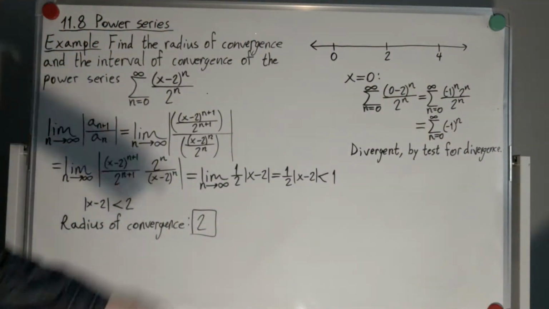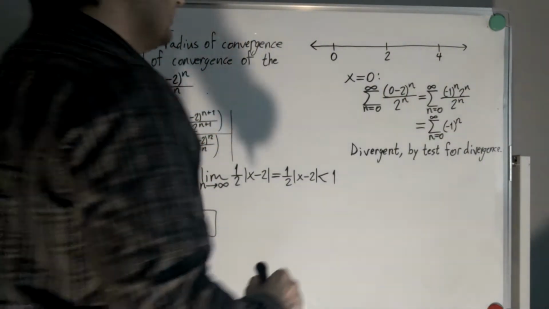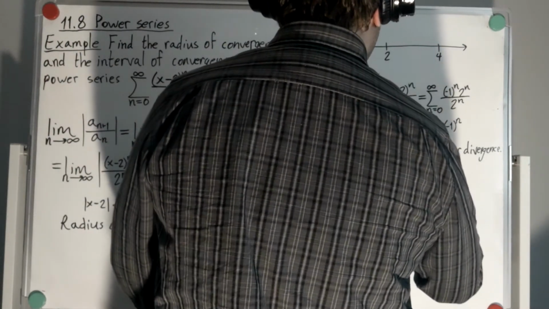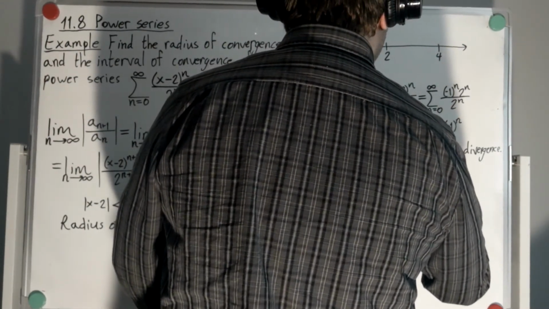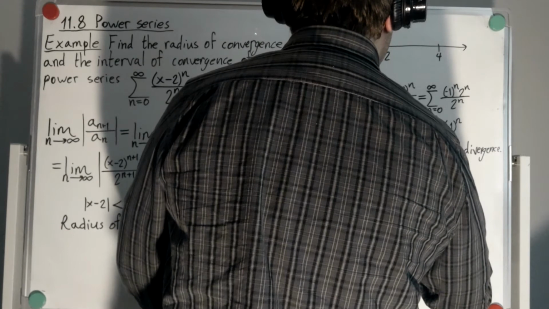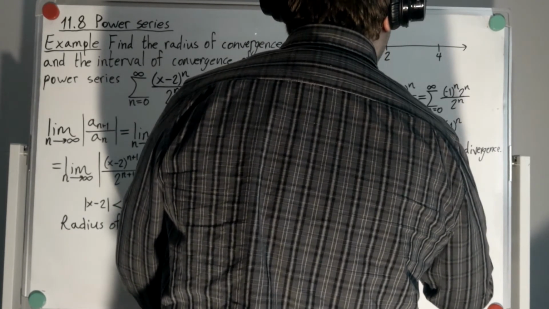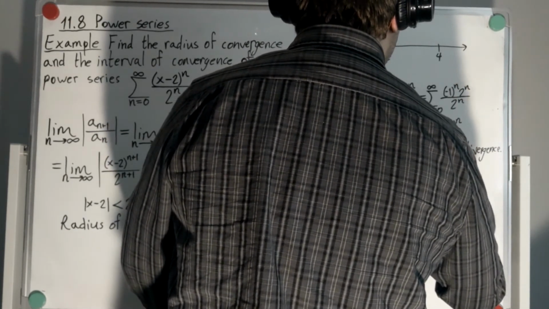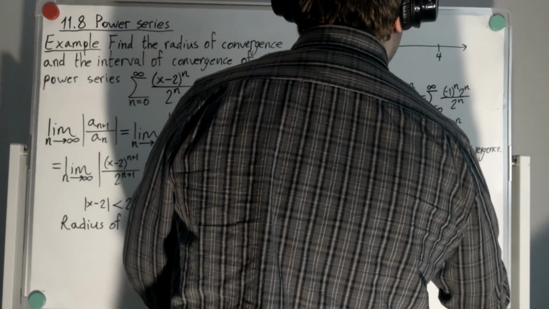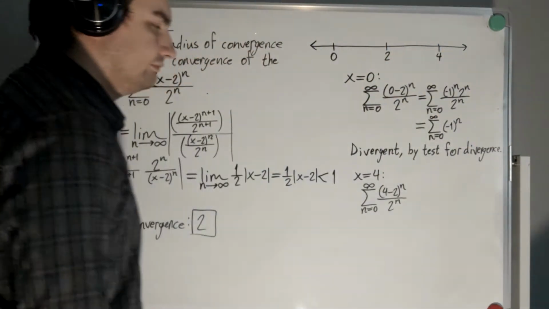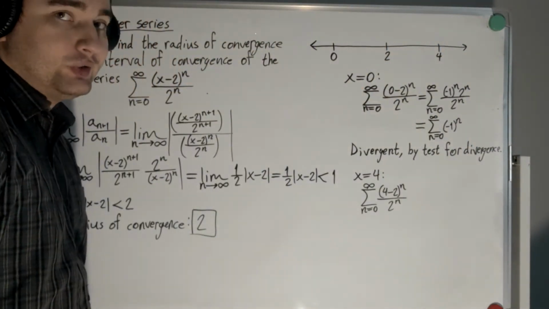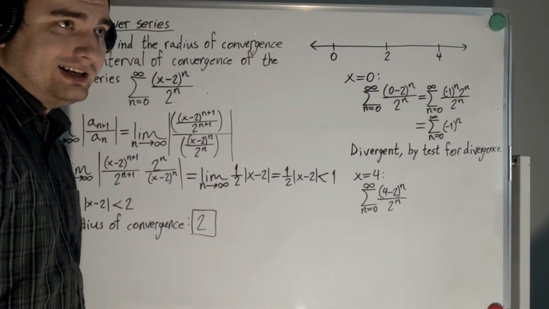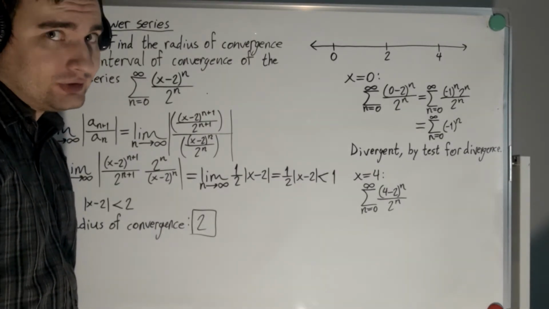All right. Well, we also have to check when x equals 4. When x equals 4, we're dealing with the sum from n equals 0 to infinity of (4 minus 2) to the n divided by 2 to the n. 4 minus 2 is, of course, 2, and then the 2 to the n's cancel.